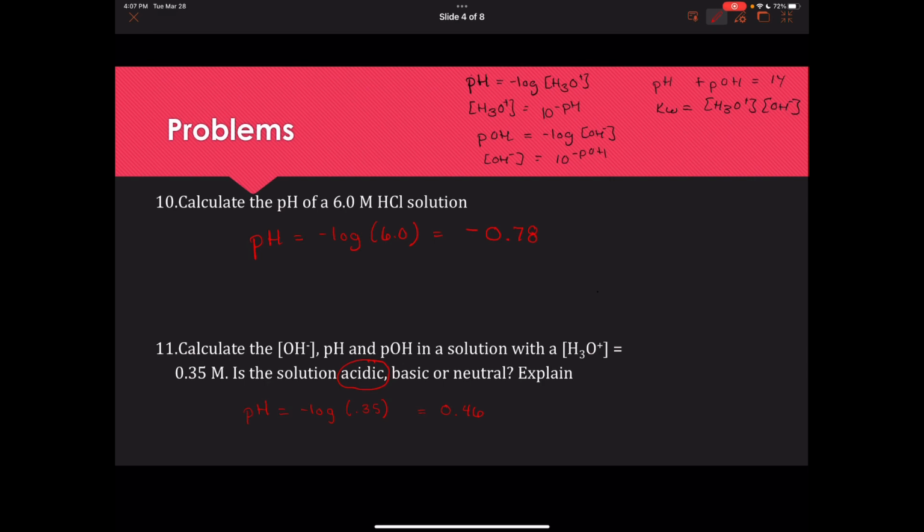If I have an acidic solution, then my pH should be less than 7. 0.46 is less than 7, so my pH makes sense relative to our previous determination. Now we also need hydroxide's concentration, and we need a pOH. And we can do this a number of ways. One way we can do this is we can use our relationship here between Kw, hydronium, and hydroxide.